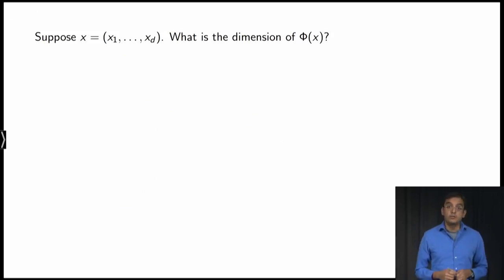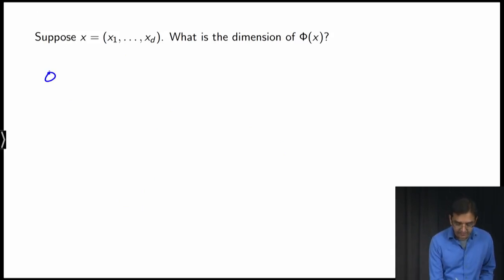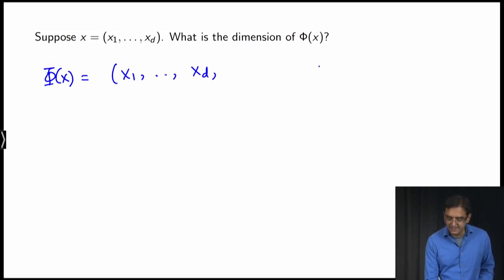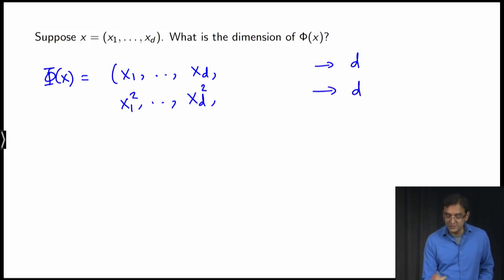What if we start with d features? What is the dimension of the expanded representation? Okay, so in this case, the expanded representation has all the original features. That's d of them. Then it's got all the squares, so x1 squared to xd squared. That's another d features.